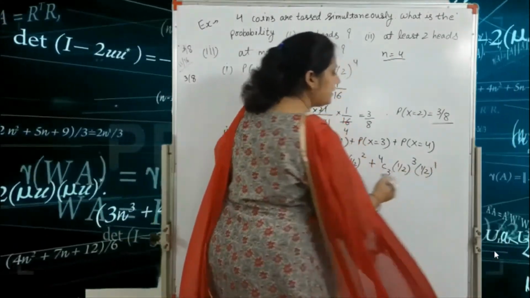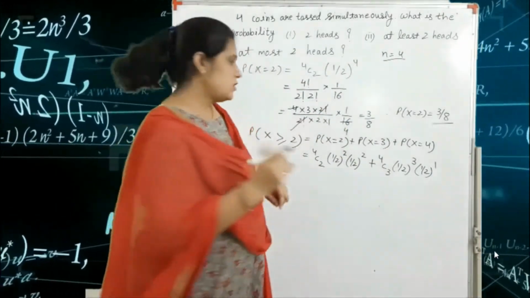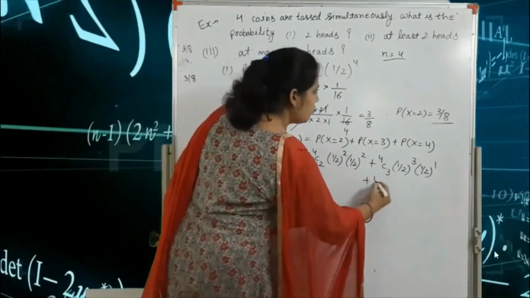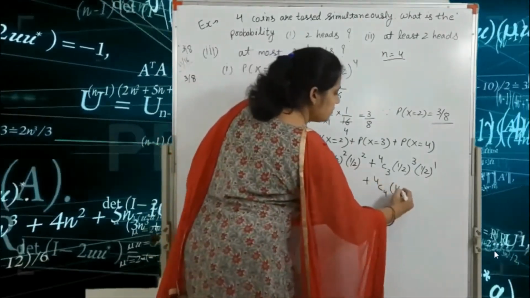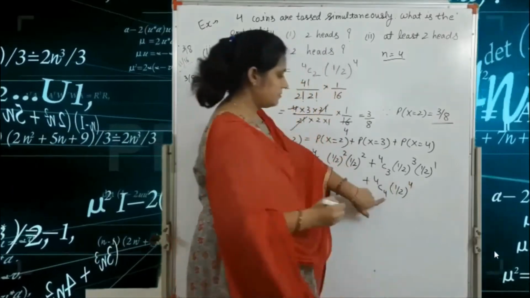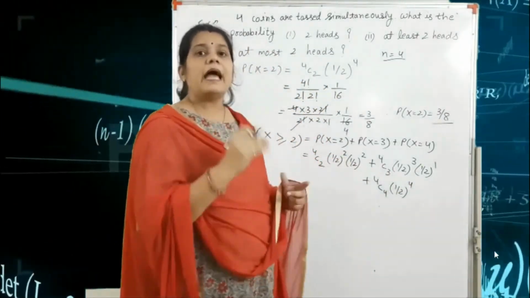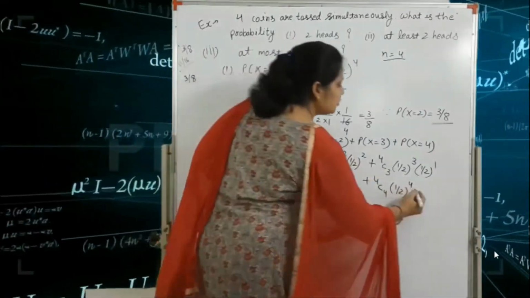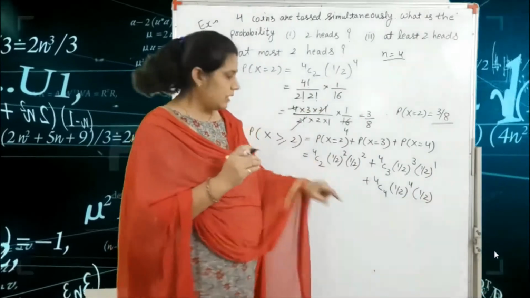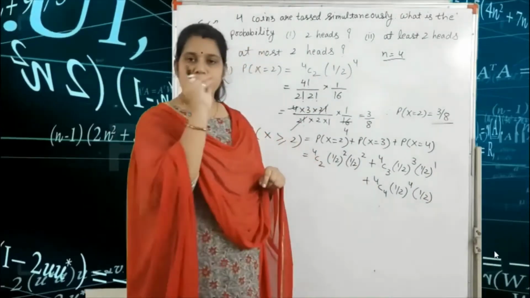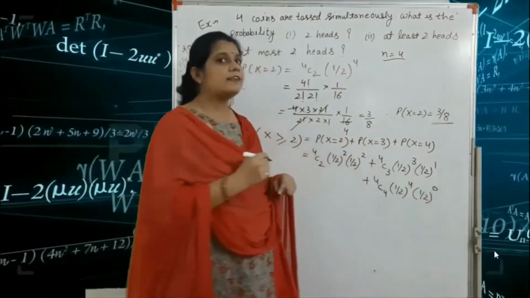Okay, and our last term is what? x is equal to 4. So here we write 4C4 (1/2) raised to the power 4, that is p raised to the power x. And q raised to the power n minus x: q is again 1/2, and n minus x, that means 4 minus 4, that means we write here 0.